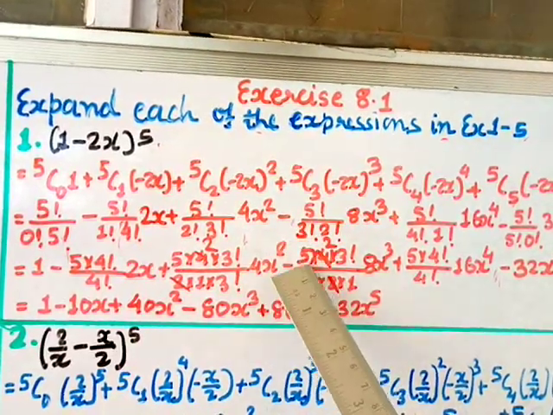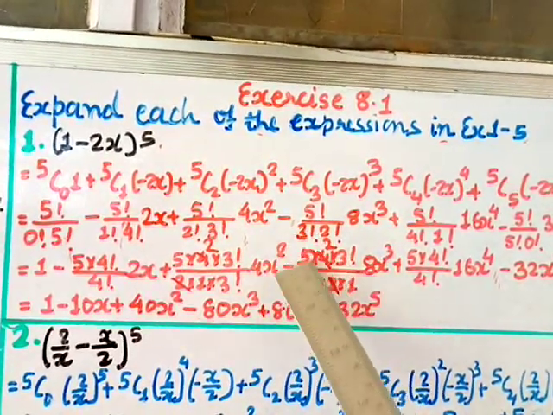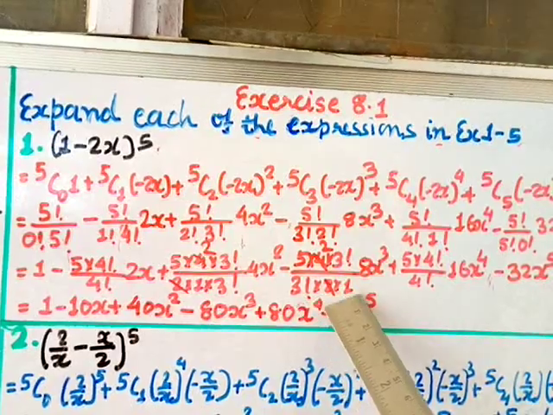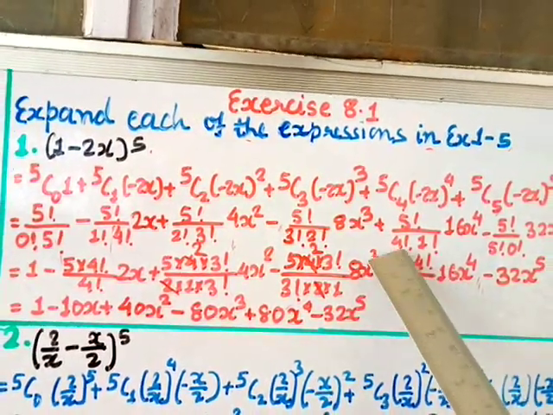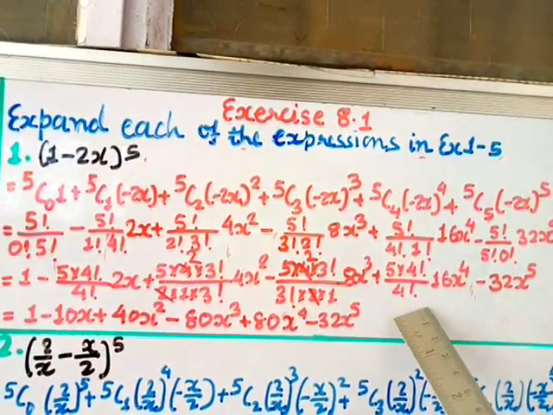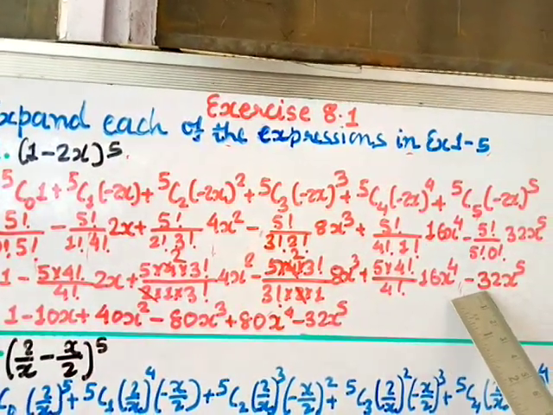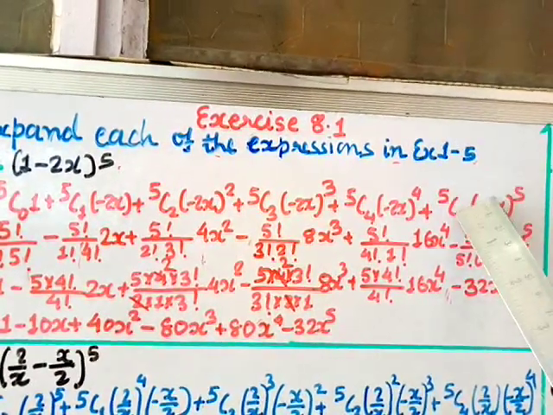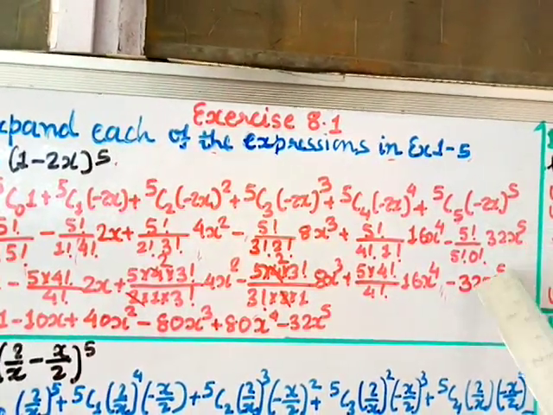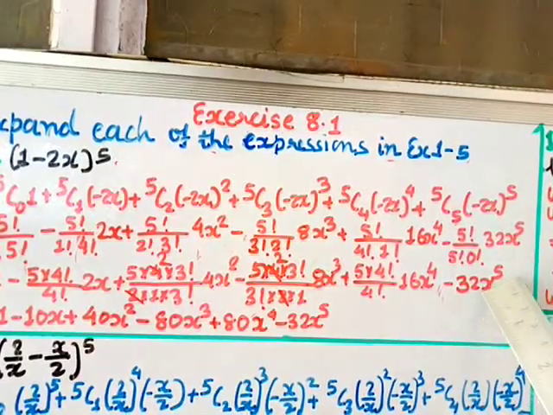Minus 5 factorial is 5 into 4 into 3 factorial divided by 3 factorial into 2 into 1, 8x cube as it is. Plus 5 factorial is 5 into 4 factorial divided by 4 factorial, 1 factorial is 1, 16x power 4. Minus this value also is 1, 5 factorial occurred, or you can remember nCn is 1. So here remains minus 32 into x power 5.